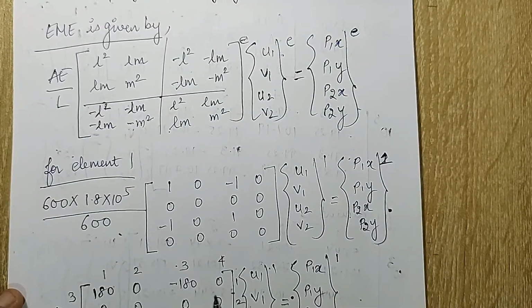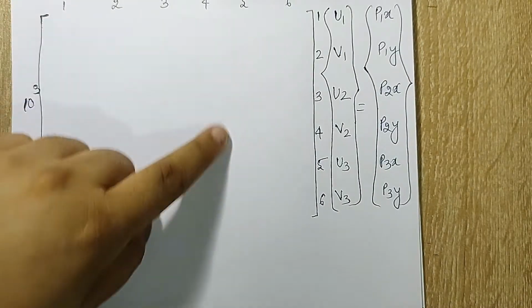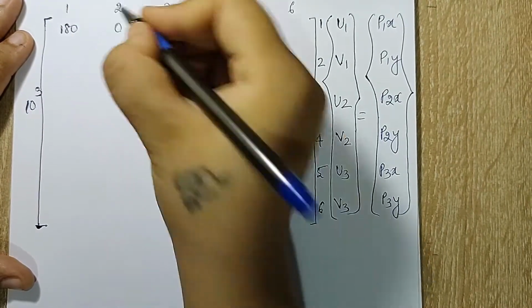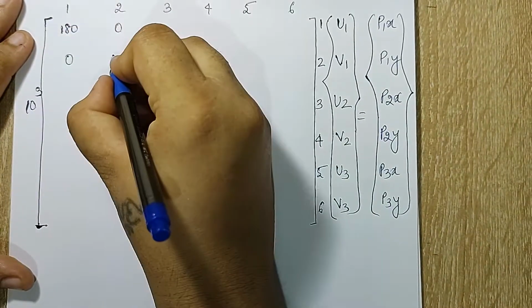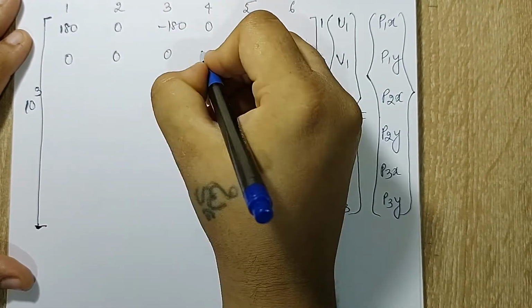Now I'll start with placing of the elements. Element 1 is between 1, 2, 3, 4 and the value is 180. So I'll place it here 1, 2, 3, 4, 1, 2, 3, 4. So I have 180, 0, 0, 0, minus 180, 0, 0, 0.